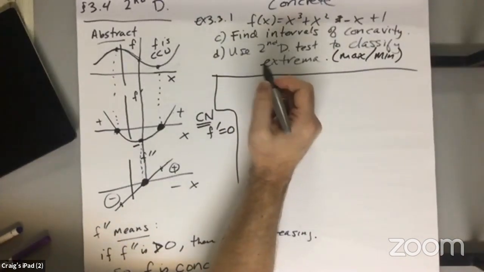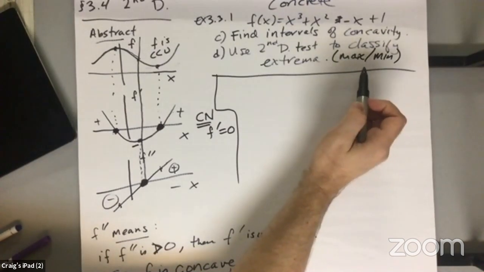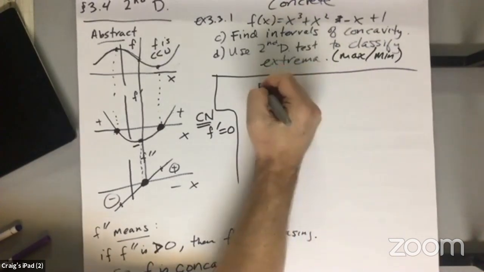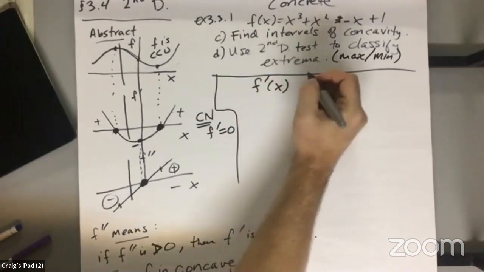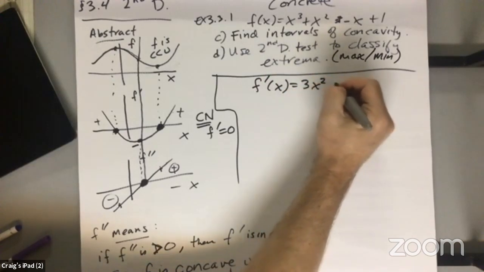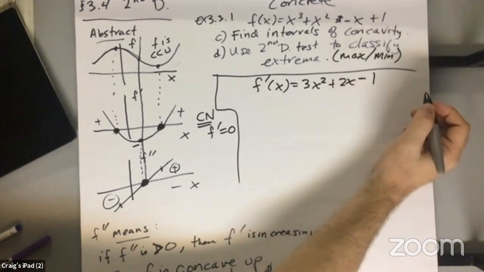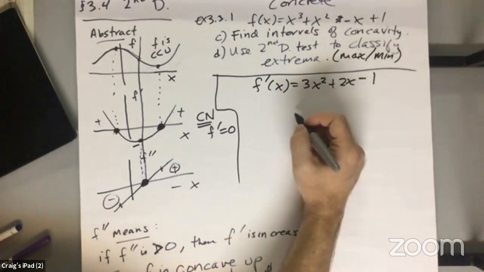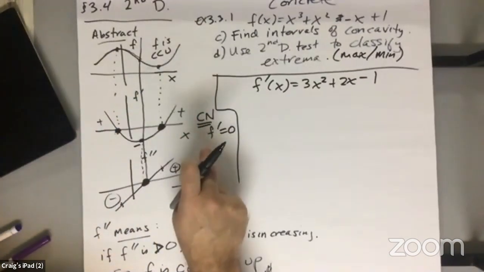Okay, so if I'm going to find the intervals of concavity and then use the second derivative test for this, I have to take the second derivative, which means I first have to take the first derivative. So the first derivative is 3x squared plus 2x minus 1. And we're going to need to know where this derivative is 0 to find the critical numbers.